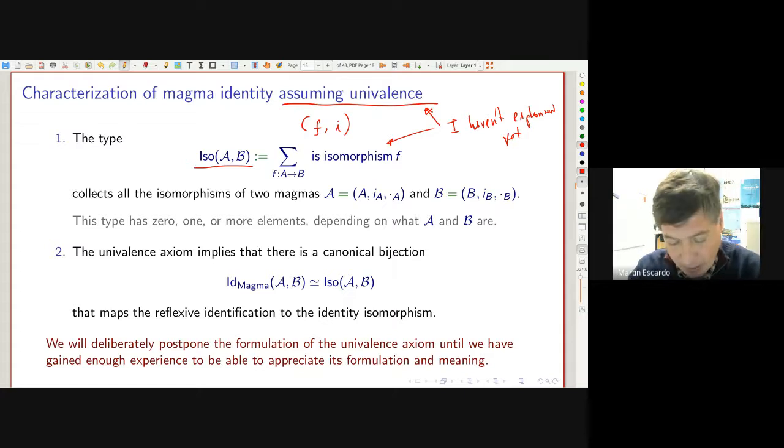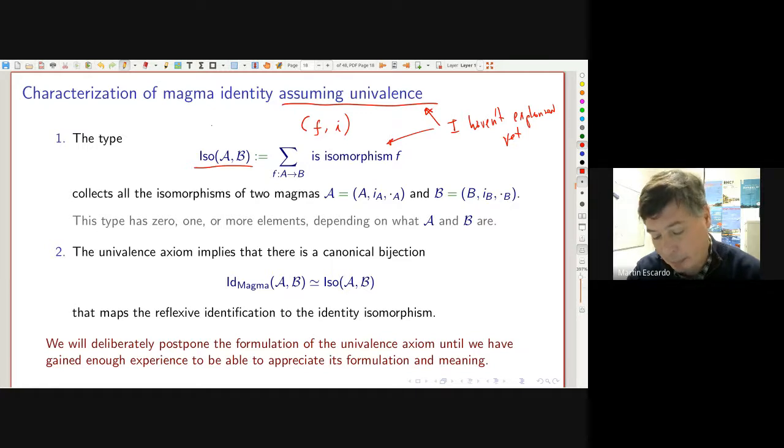And the point is that this is not the statement that A and B are isomorphic. Actually, this collects all the possible isomorphisms between the two magmas.